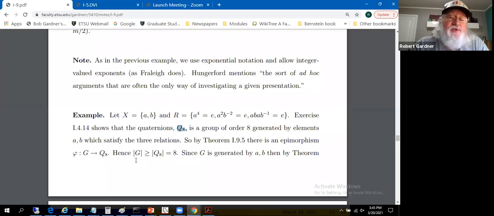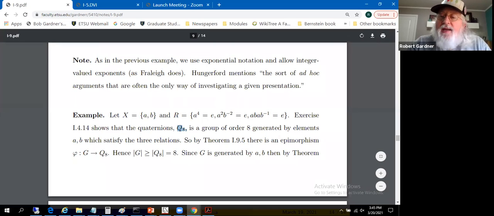So the cardinality of G, the group actually presented by set X and corresponding set Y, must be greater than or equal to 8, because here's a specific group that satisfies those conditions. Von Dyck's theorem says the group determined by the presentation has to be greater than or equal to 8 in cardinality. So what we're going to do is show that if these relations hold and this is a set of generators, then we're dealing with a group of order 8. That's how we'll draw the conclusion of equality here.